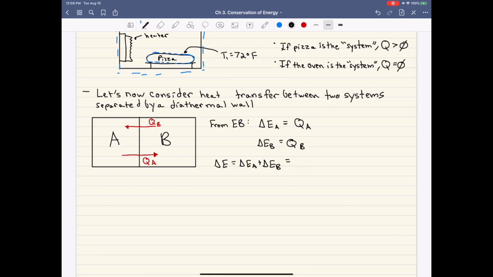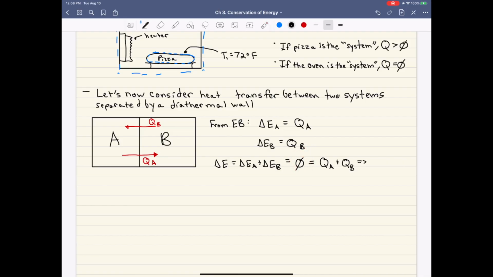And because there's no heat leaving the entire system, its change of energy would be equal to 0 if we added those two changes of energy up. On the right-hand side of the equation, we would be adding up our two heats. And so from here, we see that the sum of our two heats has to equal 0.